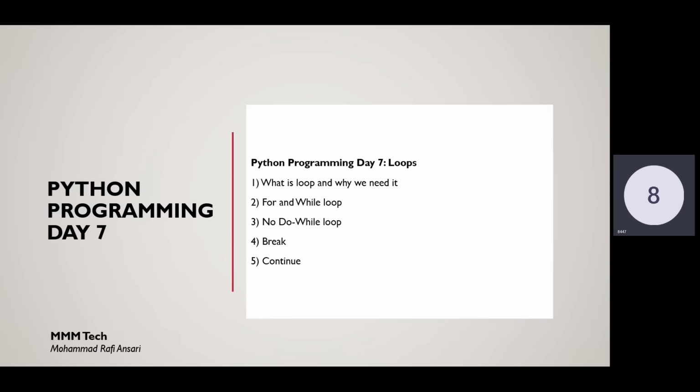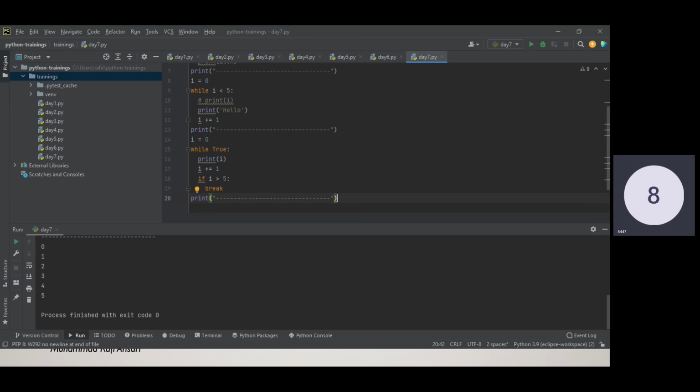Now break. We have seen that break is used to terminate the loop based on the condition. If a certain condition meets, the break statement will be executed and it will terminate the loop.